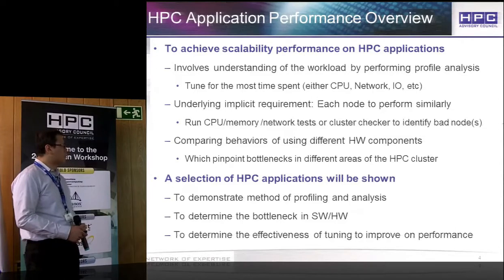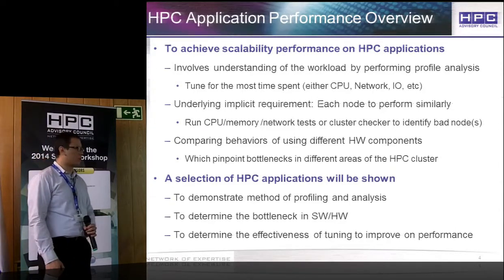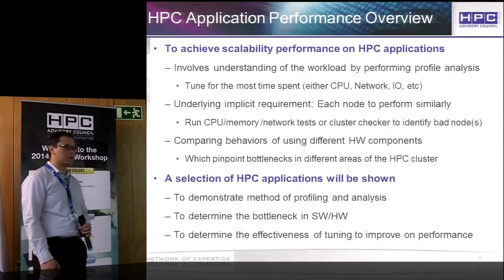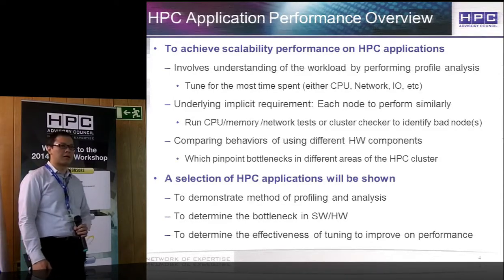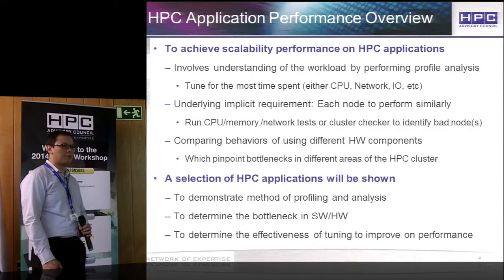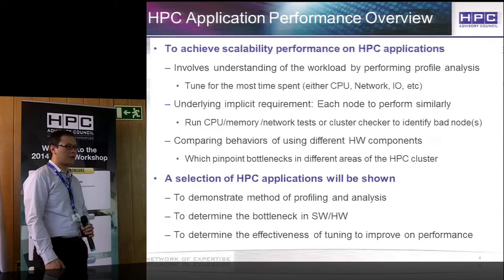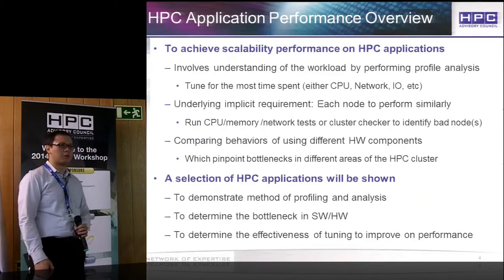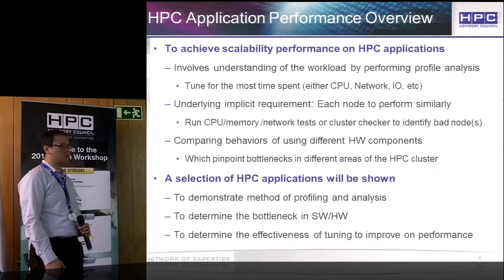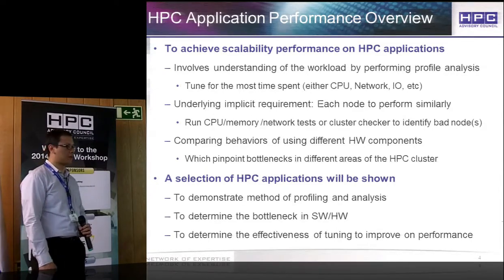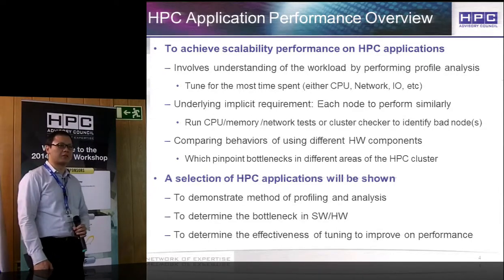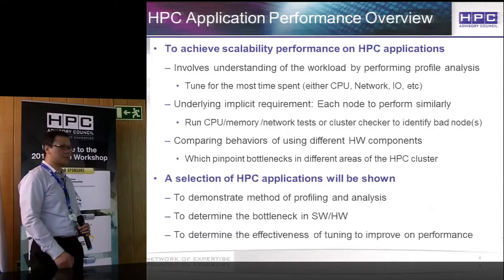One implicit requirement is that each node of the cluster needs to perform similarly. I've seen many cases where users ask, how come I'm not getting good performance out of my cluster? Then you realize that one of the nodes in the cluster is not performing, and that slows down the rest, as you would expect.